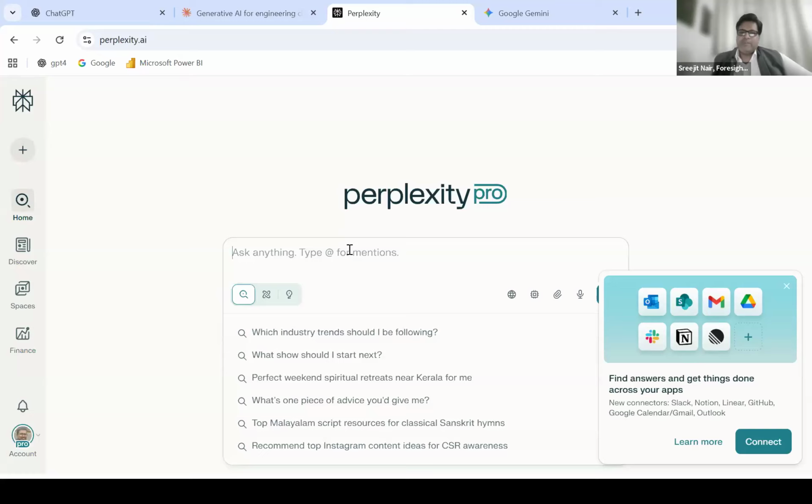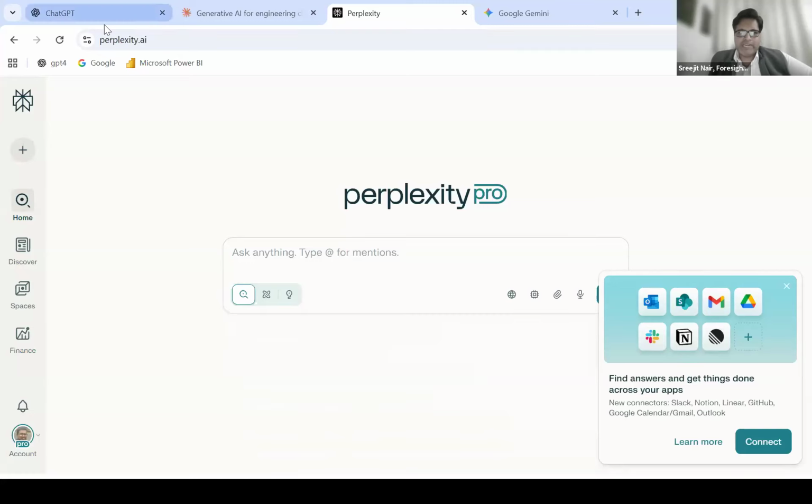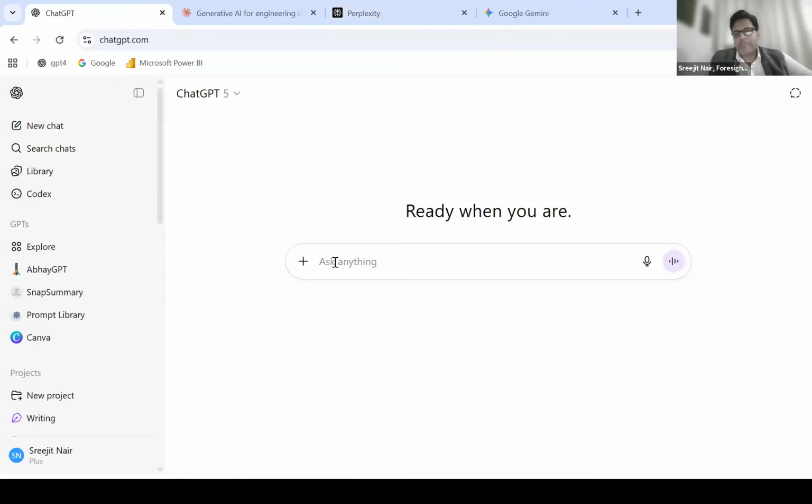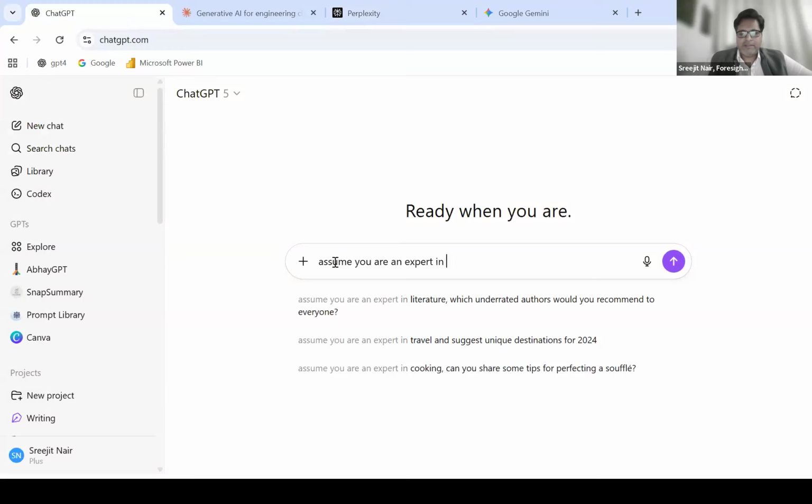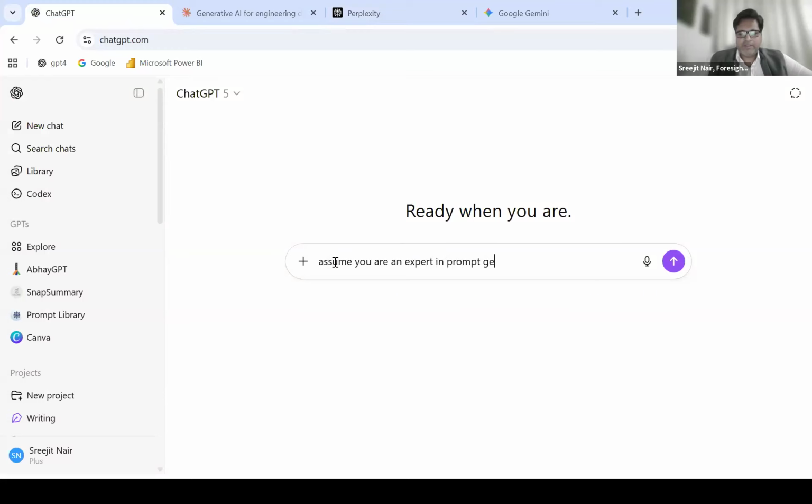So one aspect, the ROCT format, I have already shared with you. Another master prompt I will say is the role. Assume you are an expert in prompt generation. Now, this is the role. Objective. What can be the objective?